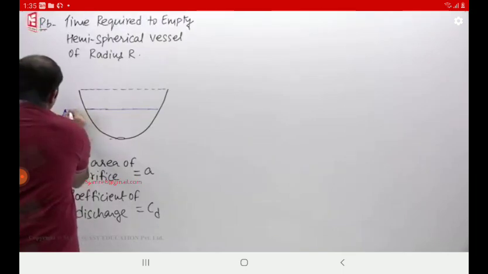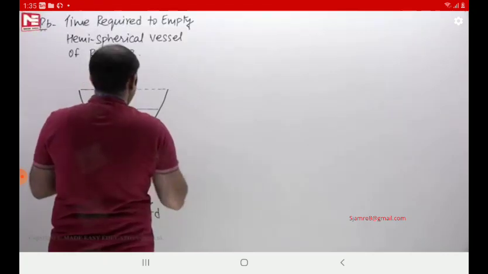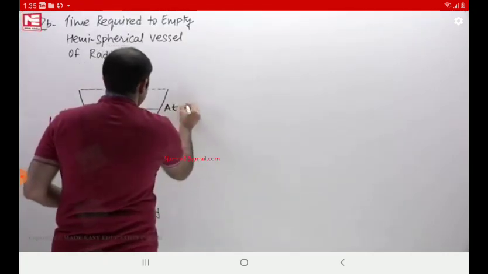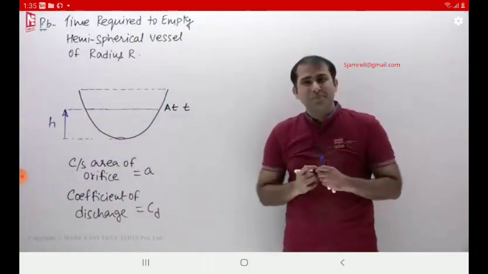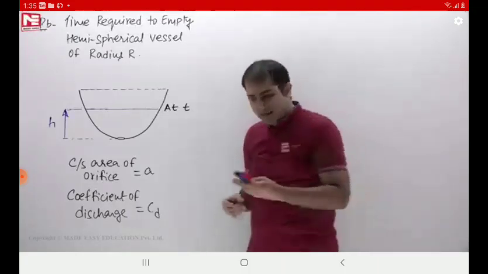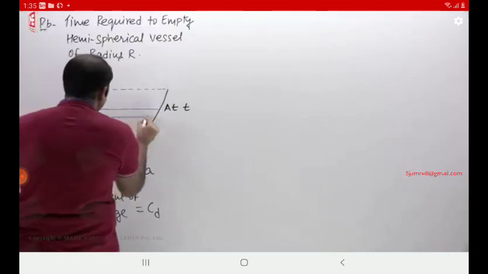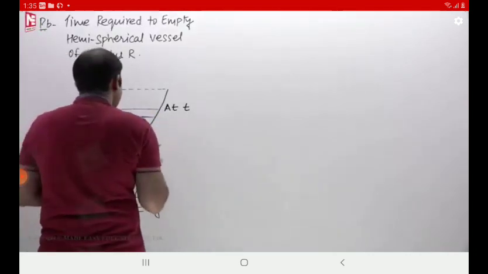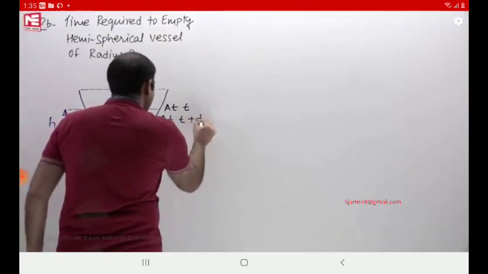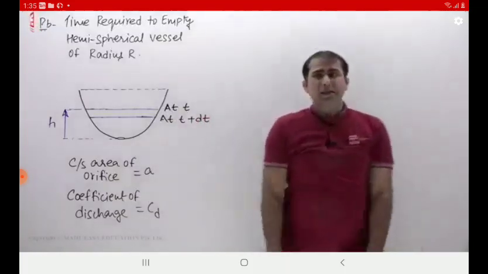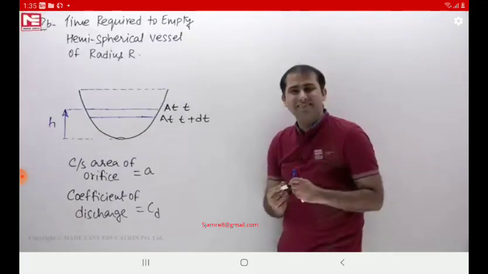So what happens here, that this is your h at t. After dt time, that means t plus dt, this level here is this. At t plus dt, यही वॉल्यूम जो है, that volume is released here.